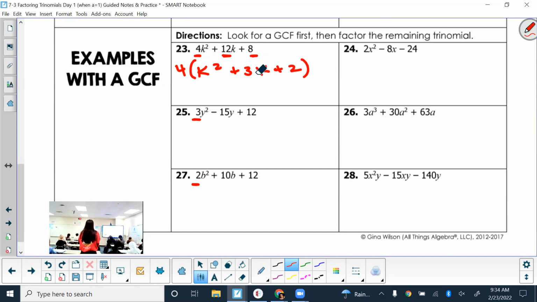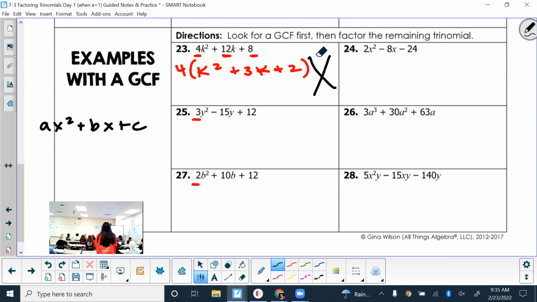So how many terms are in my parentheses? 3, it's a trinomial. Is it in the format ax squared plus bx plus c? And is my leading coefficient 1?